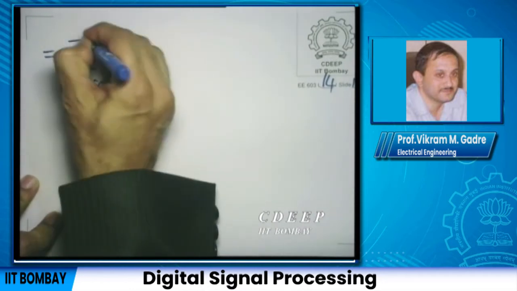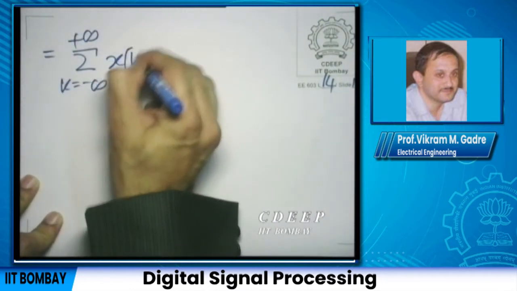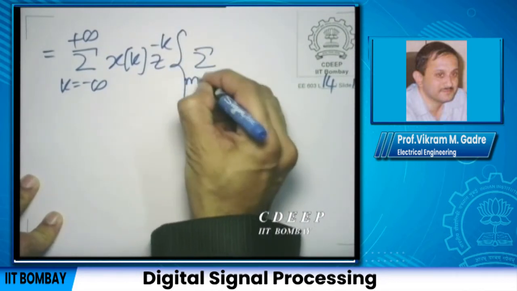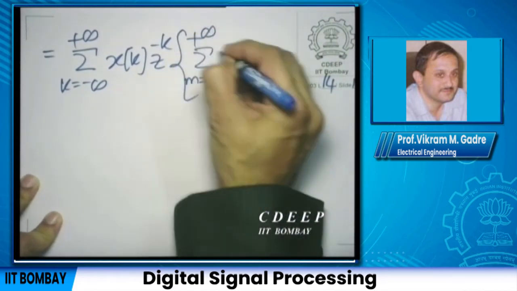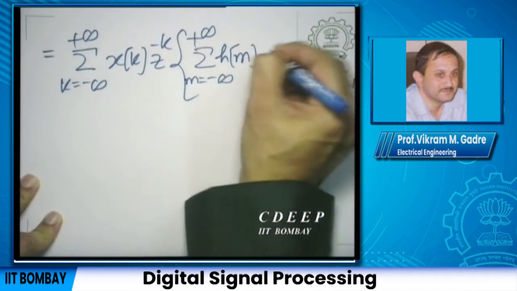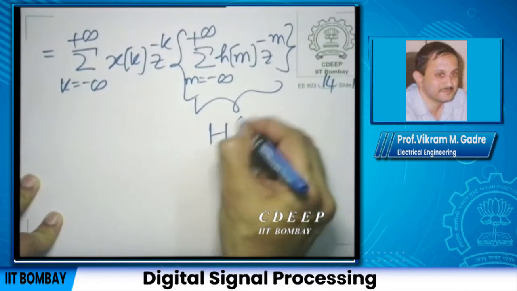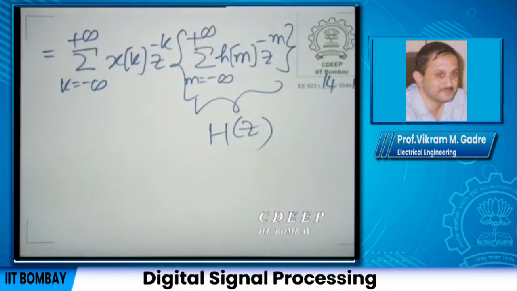summation k over all the integers x k z raised to the power minus k in bracket summation over all m h m z raised to the power minus m, and note that this is essentially h z, and h z is of course independent of k.